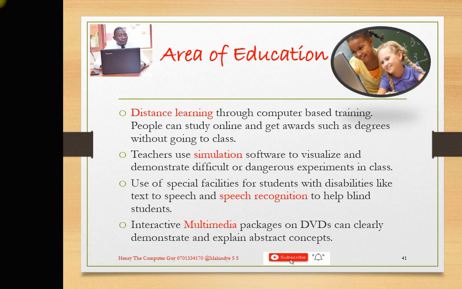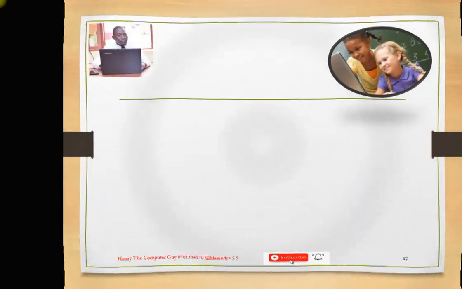Rewind it until they understand that abstract concept. So this information can be put in the form of multimedia, a combination of text, audio, visual, animation, put on a DVD, then the student can rewatch it until they get the idea very well. We continue.